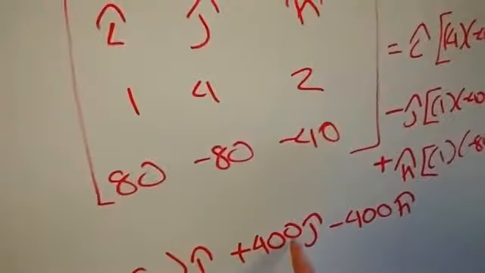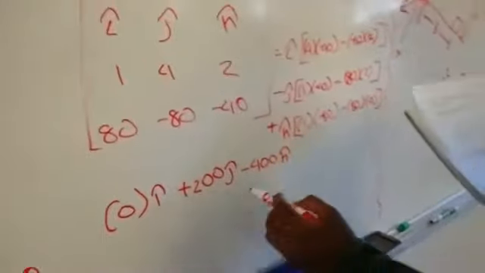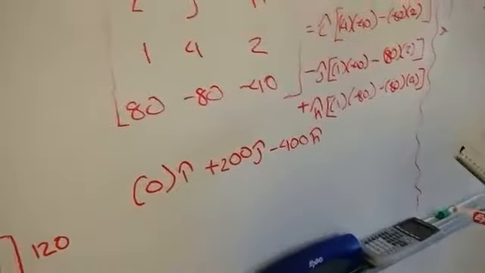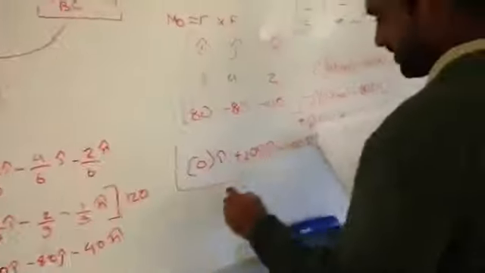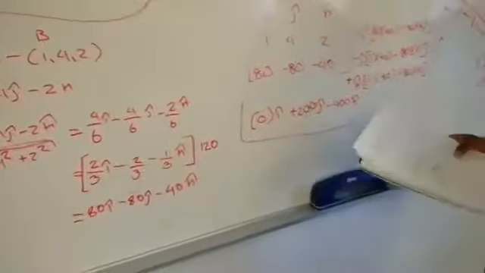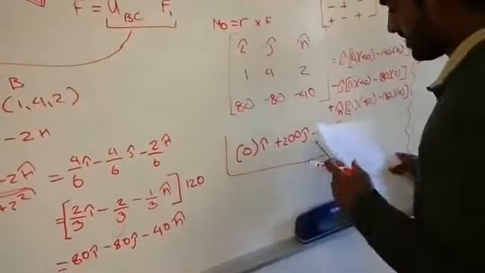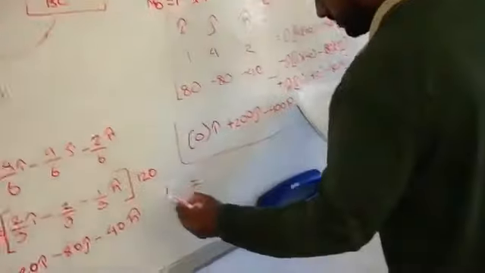So that is 200J. I think you just had a transcription error there. 200J minus 400K. Do you have to include the 0 I, or no? You don't have to. Okay, good.